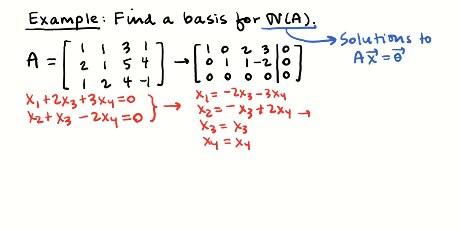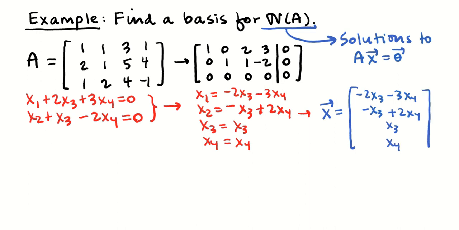This tells me that my solutions to Ax equals 0 take the form x equals (-2x3 minus 3x4, -x3 plus 2x4, x3, x4). Now I could split this out over the x3s and the x4s and write it as the sum of two vectors.